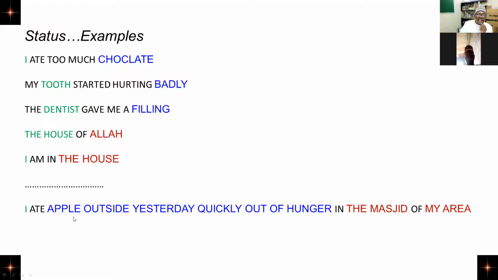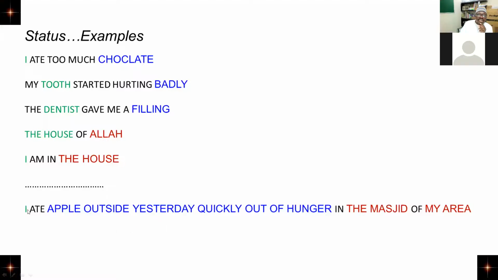Now note this very important statement that I'm going to make. Every ism that indicates the what, the where, the when, the how, and the why, all those words that explain these instances, are in nasb status.